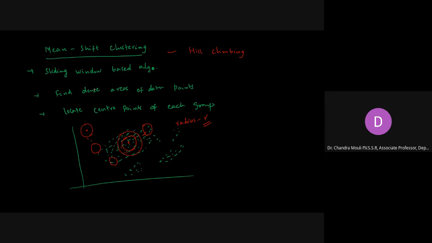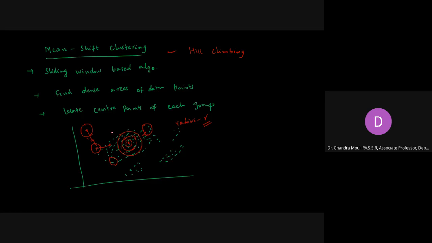So at every iteration, the sliding window, whatever you define, will be shifting towards regions of high density by shifting the center, from here this is the center and here this is the center. By shifting the center towards the mean of the points within the window, you move further towards the dense regions, and at this point you can't move further away.